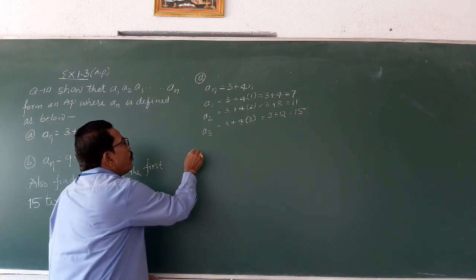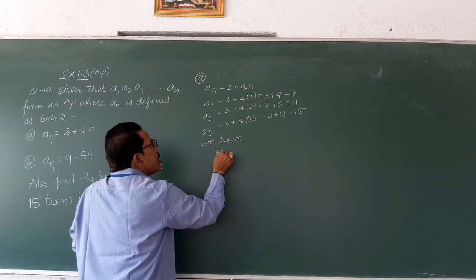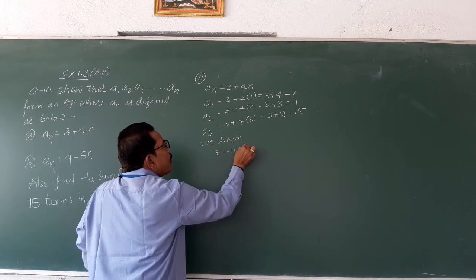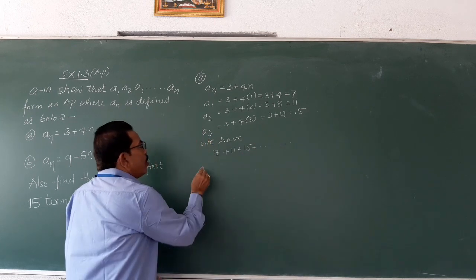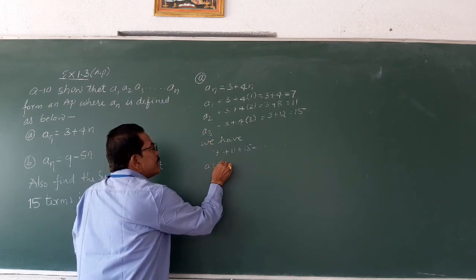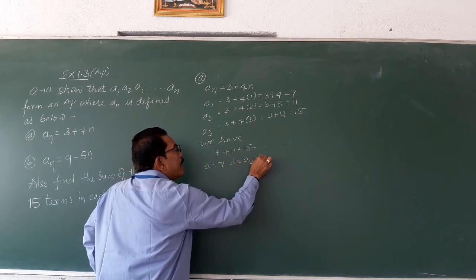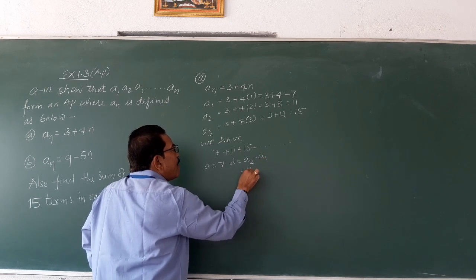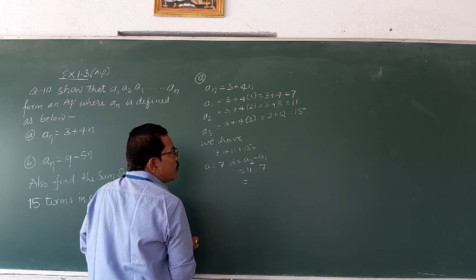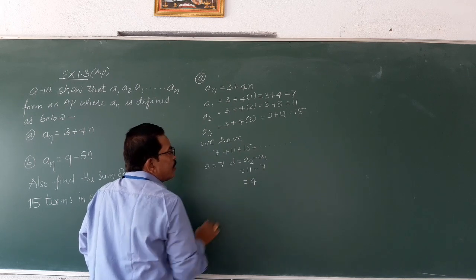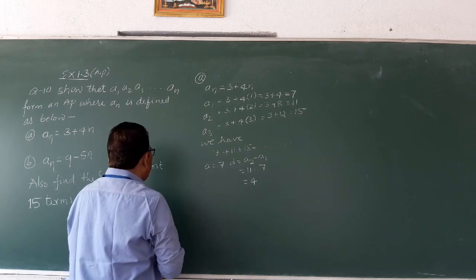So we have 7 plus 11 plus 15 plus so on. So a equals 7, d equals a2 minus a1, that is 11 minus 7, which equals 4. Then we need S15.